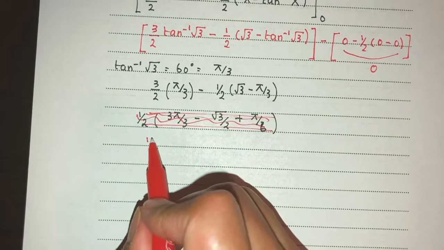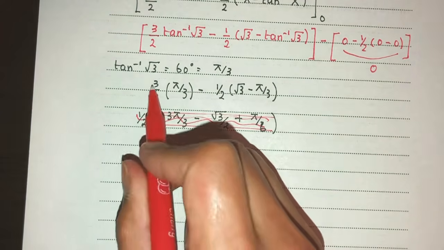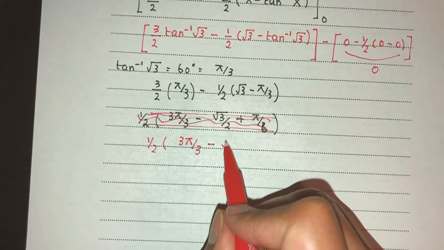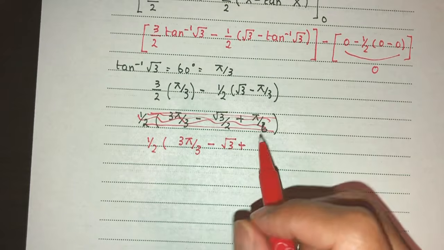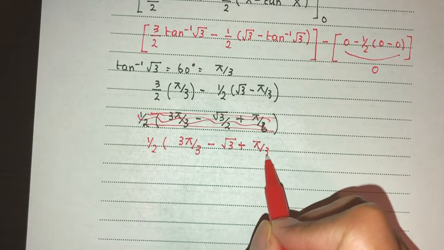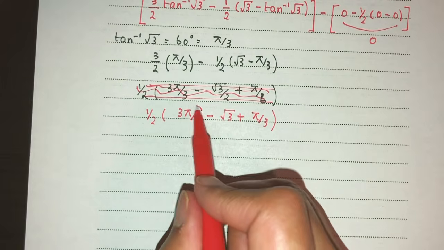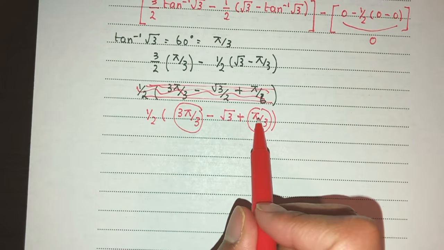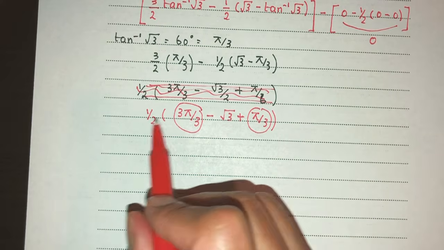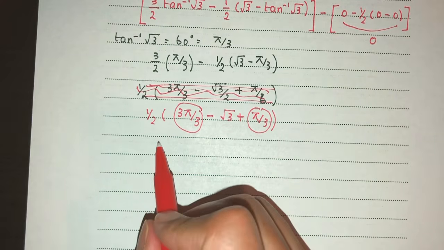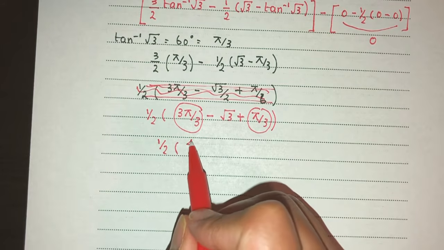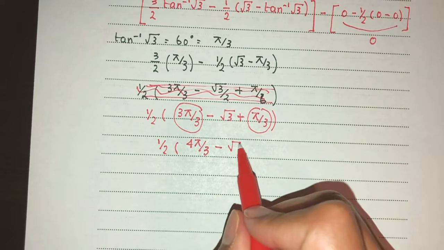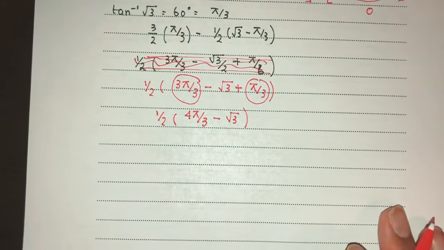You took the value of half out, you will have 3 pi over 3 minus root 3 plus pi over 3. Now we have to add these two. So 3 pi plus pi is 4 pi. So let's leave the half outside for now. You will have 4 pi over 3 minus root 3.